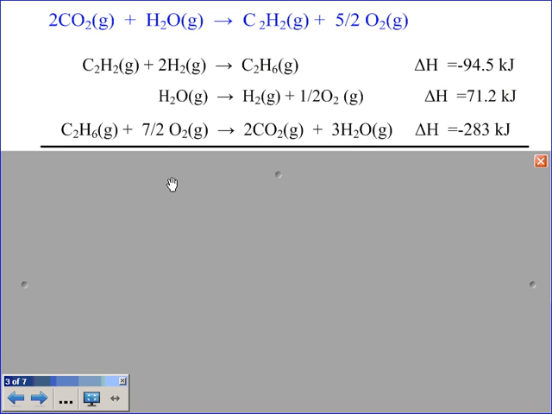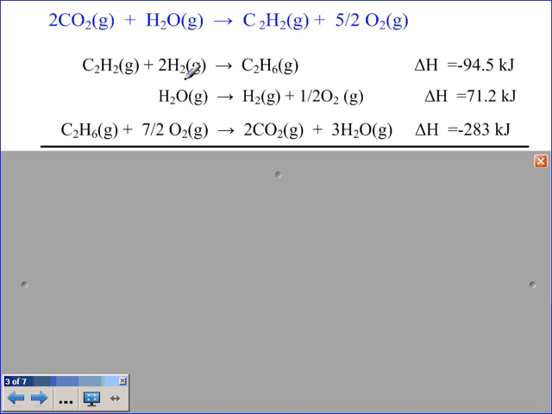So my first step was to make sure that things were on the right side of the arrow. So I lined up my arrows again so I could see I need to have carbon dioxide gas on the left side of my arrow. And I don't. It's on the right side of my arrow. I need to have H2O gas on the left side of my arrow.